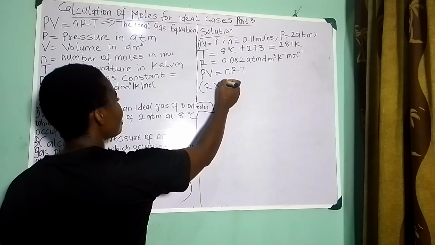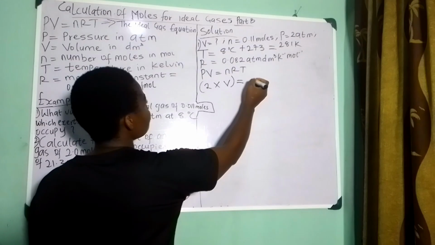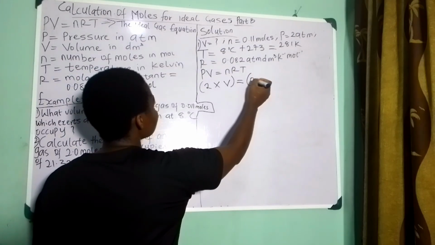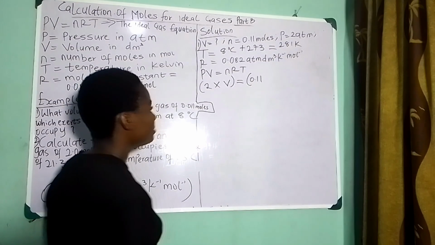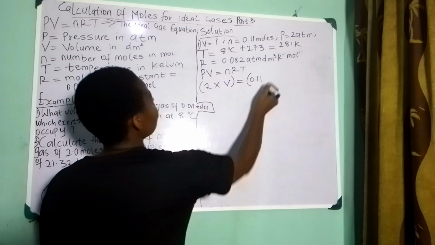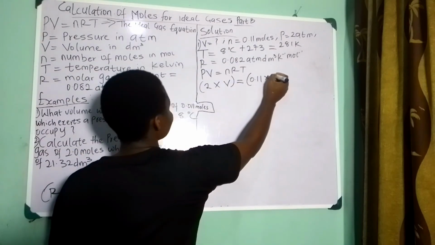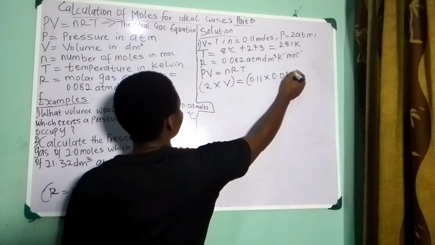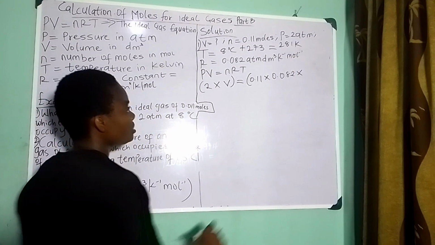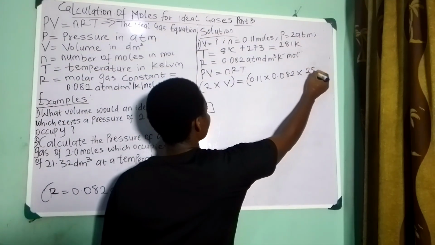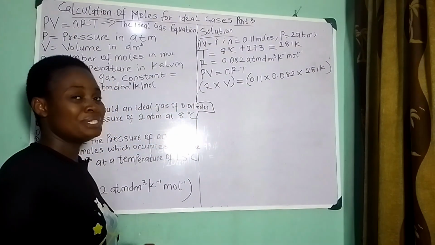Is unknown, so I will write V. Our n is the number of moles, which is 0.11. What is our R? Our R is the molar gas constant, 0.082, times our T, temperature in Kelvin, 281 Kelvin.